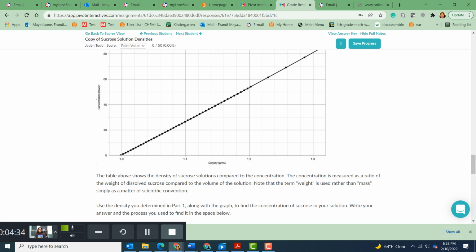And then this is the density and the concentration. They are asking what is the concentration of your solution in part 2. So 1.06 should be in between these two numbers, 1 and 1.1. You go up to the line and go horizontally to the y-axis.